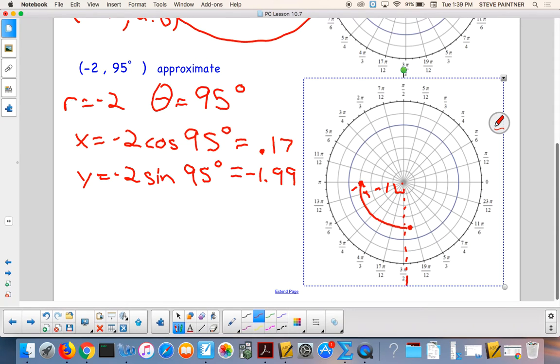So, does the coordinate that we got make sense? Does 0.17, -1.99 look like it could be right? Yes. I mean, we barely went over in the x direction. We went down substantially more in the y direction. I think that's a believable point.